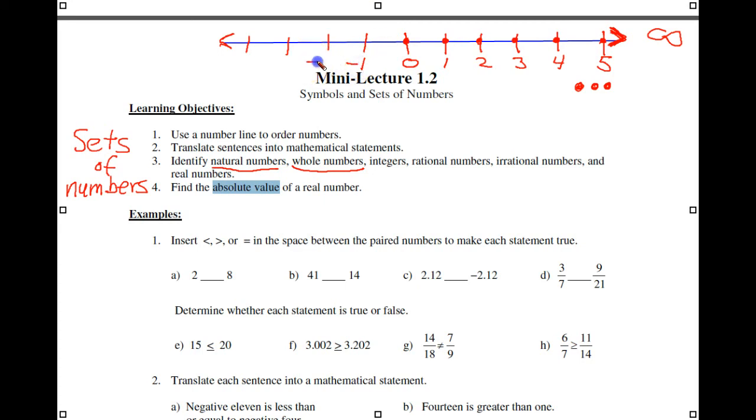And we continue, negative 2, negative 3, negative 4, and these, when we add them, the whole numbers and their opposites, make up the set of numbers called integers. And to graph them, I just put dots on these.